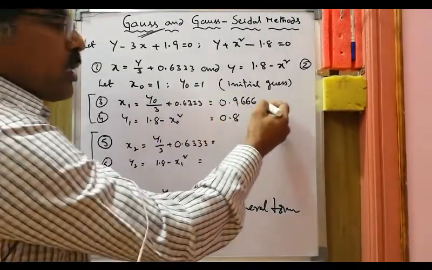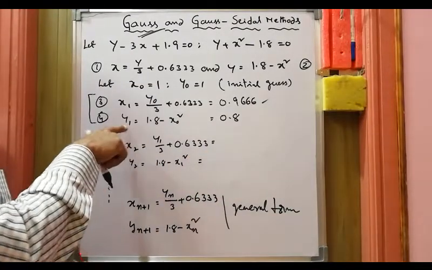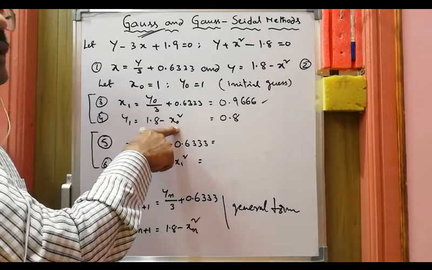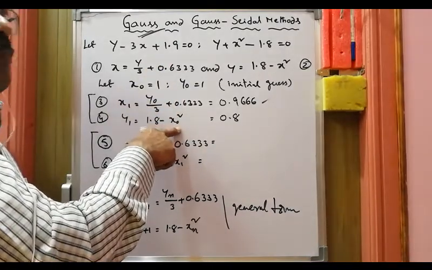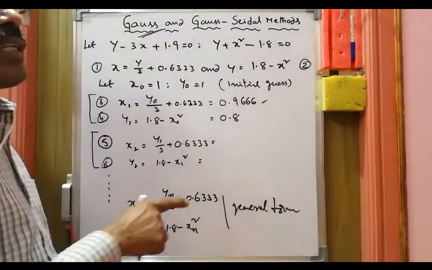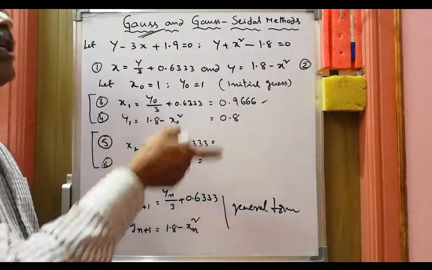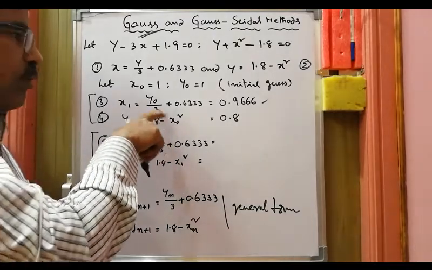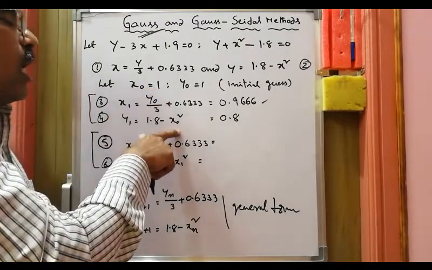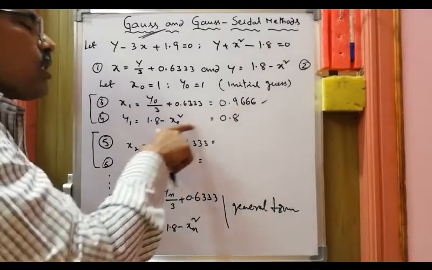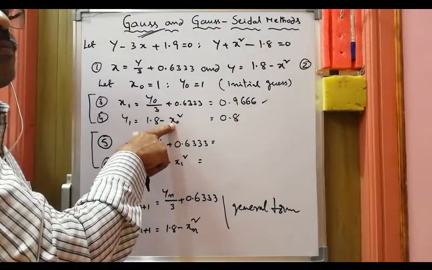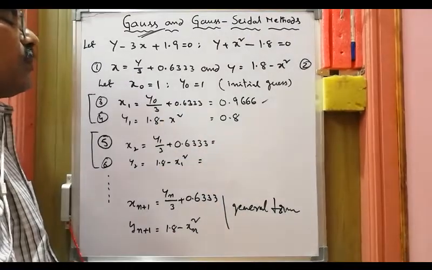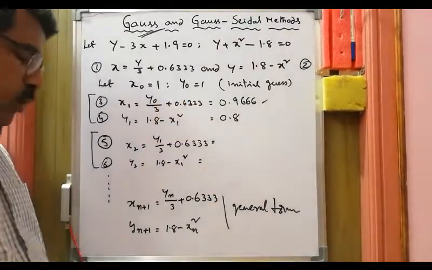Now I am giving Gauss-Seidel. And while calculating y1, it is 1.8 minus, earlier it was x naught square. But instead of that, what Gauss-Seidel says is to substitute the most updated available values, which means instead of substituting x naught, x1 is already available, substitute that here, so that the equation becomes 1.8 minus x1 square.